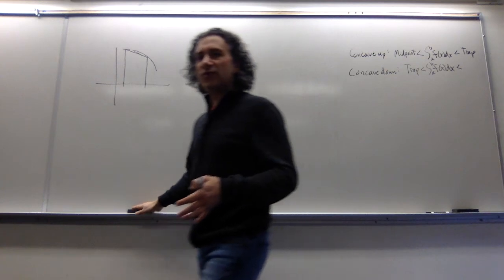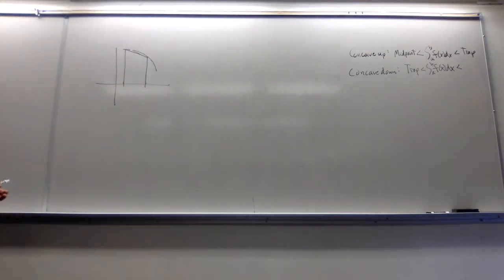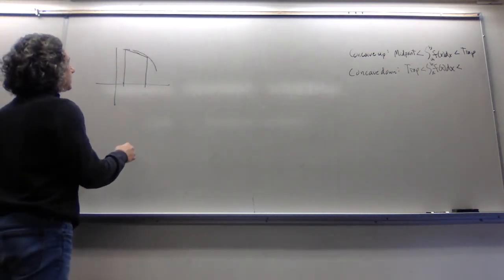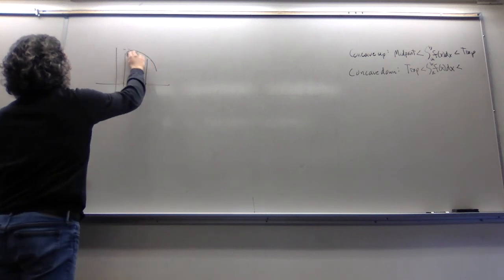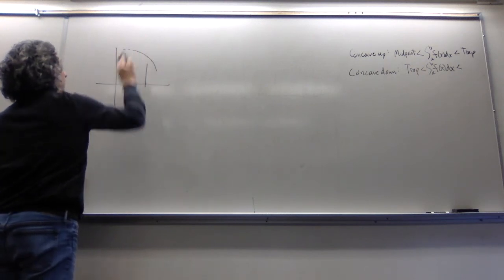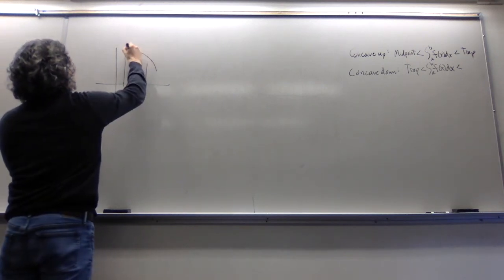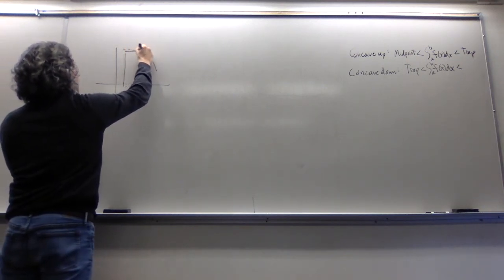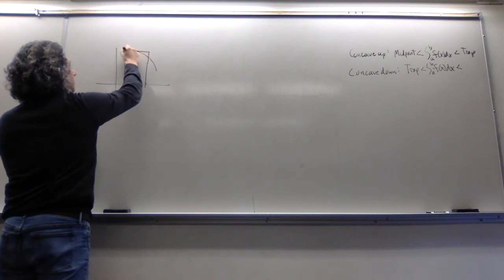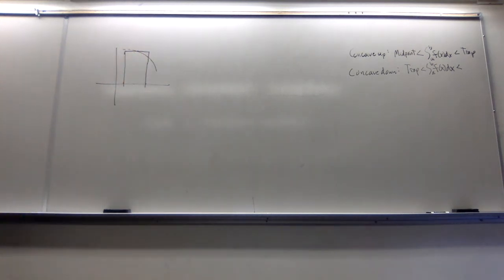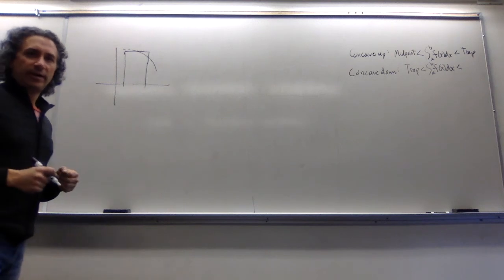Again, I think it's tougher to see what's going on with the midpoint rule, and therefore I think it's way easier just to use the trapezoid rule to help you see what's going on. But let's try to work this through.